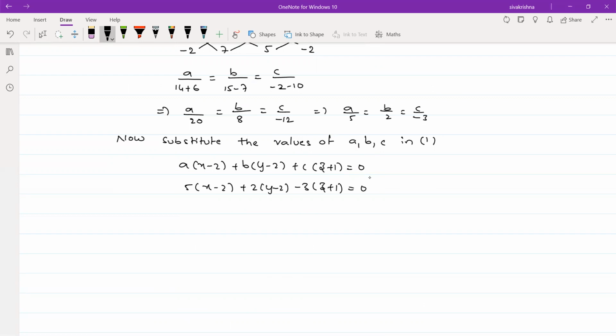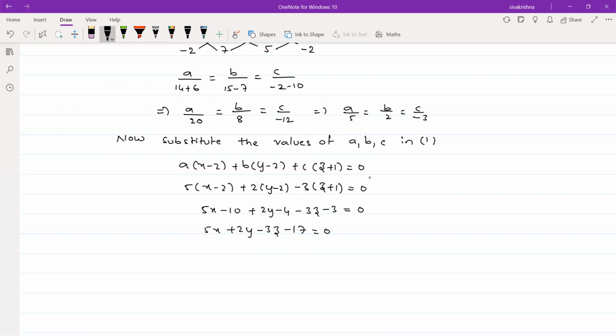Okay, so we have to simplify this particular equation. So 5x minus 10 plus 2y minus 4 minus 3z minus 3 is equal to 0. So finally we get 5x plus 2y minus 3z, and coming to the constants, minus 10 minus 4 minus 3, minus 17, is equal to 0.